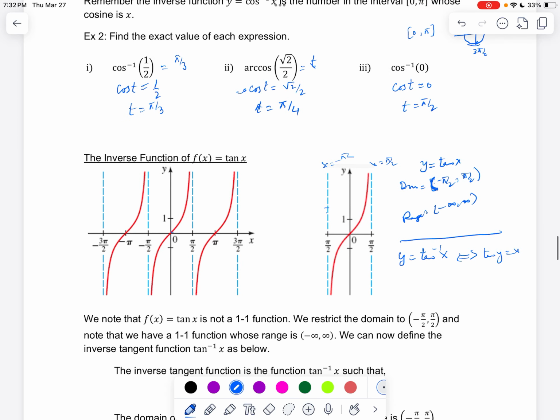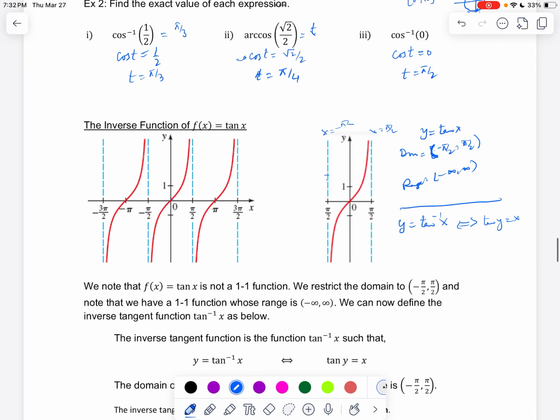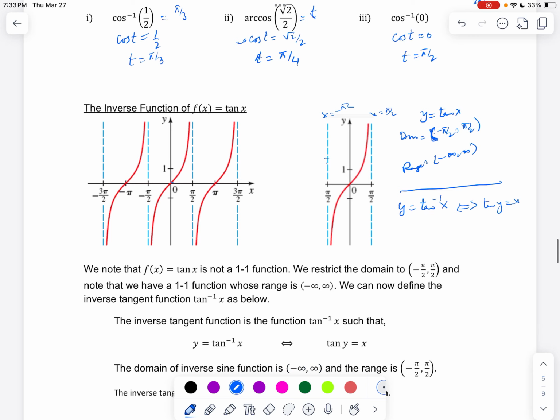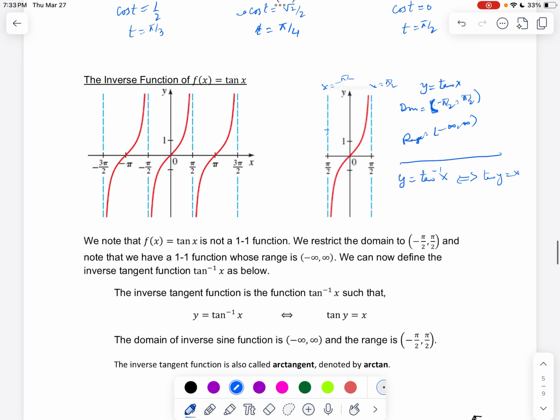Now look at the graph of the tangent inverse. I will ask you to keep this in your thoughts. It will be helpful in the future, like in calc 1 where it will be used a lot, and sometimes maybe in this class as well.